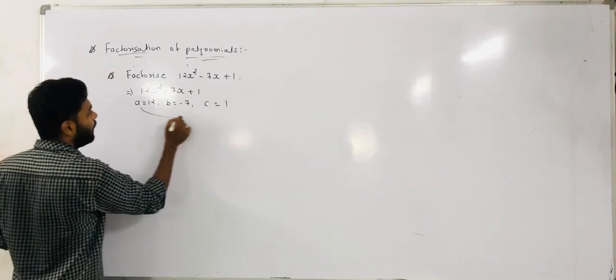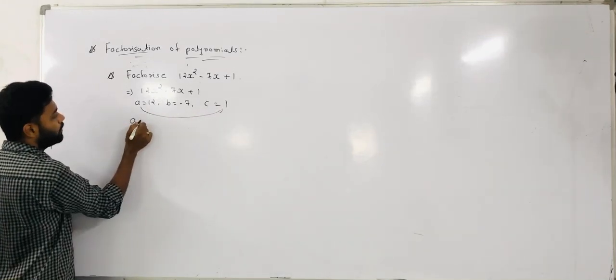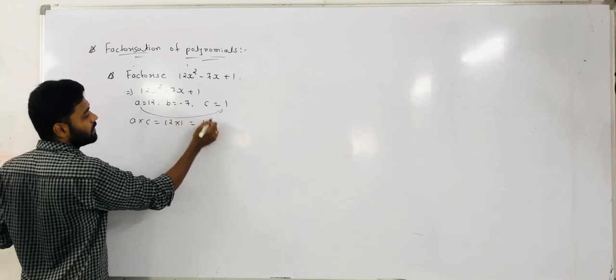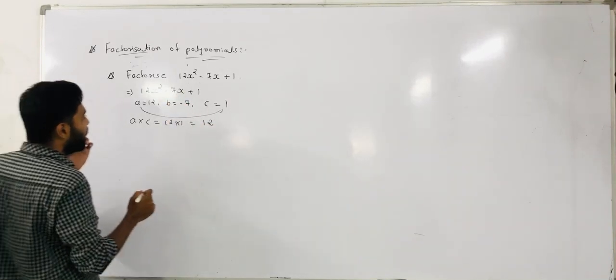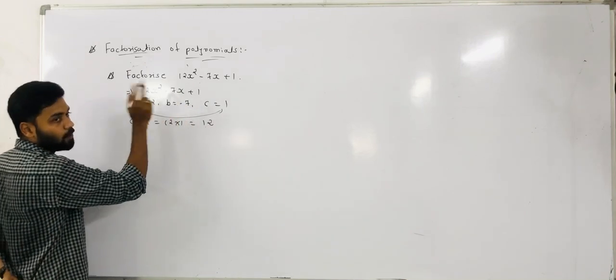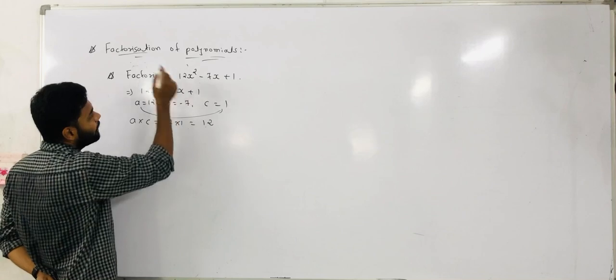Now find a into c. So a into c, you will get 12 into 1, that is equal to 12. Now we have to split 12 in such a way that the addition of those two numbers gives 7.